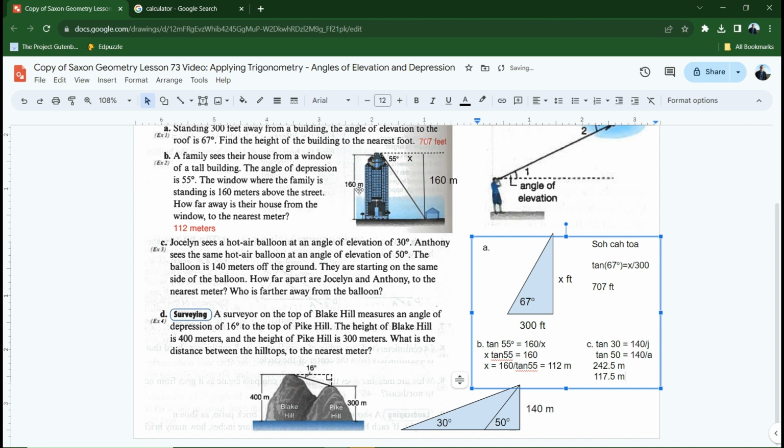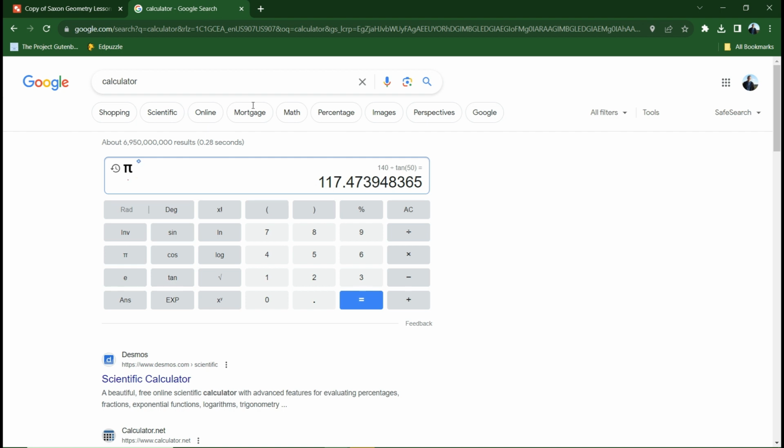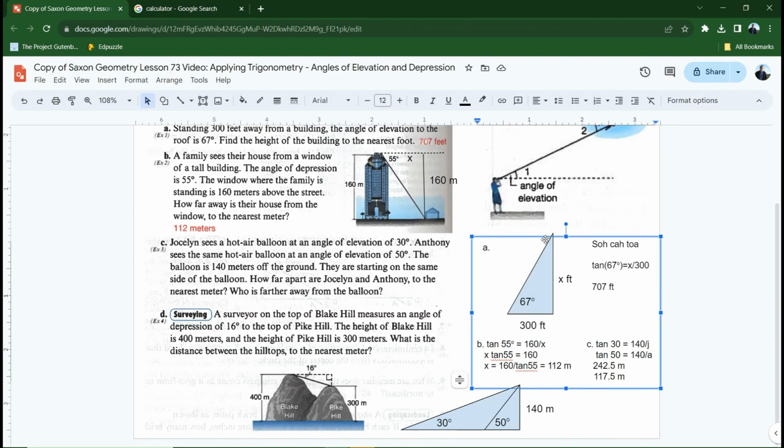Okay, and now the question is, how far away is Anthony from Jocelyn? Well, all I need to do is subtract these two numbers. So 242.5 minus 117.5. 125 meters apart.